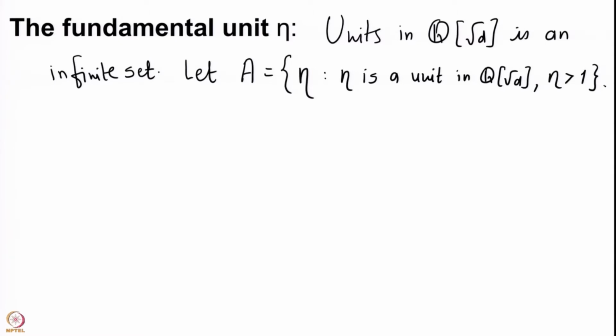So, we observe that if you have units, the units will be either positive or negative. Since you have that 1 and minus 1 are always units, we call them the trivial units in Q root D. So, whenever you start with any non-trivial unit, if that non-trivial unit is negative, you can multiply it by minus 1 and then you get a non-trivial unit which is positive.